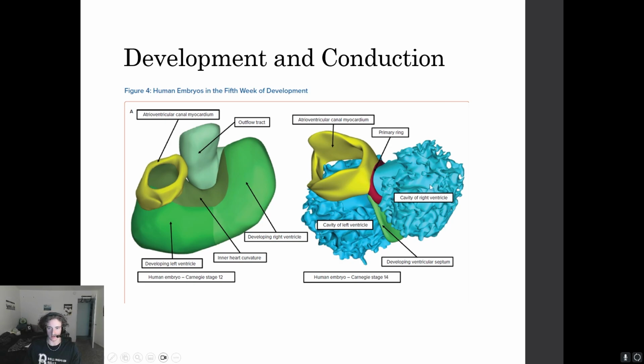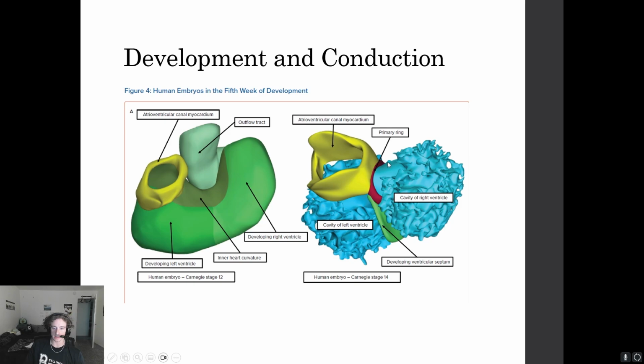Moving on to this area, we see the primary ring begin to form. So this primary ring is forming, right? And the primary ring is going to be a ring of cardiomyocytes, right? We talked about that. And it's going to be encircling the interventricular communication, right? So this whole area is the communication of the left ventricle to the right ventricle.